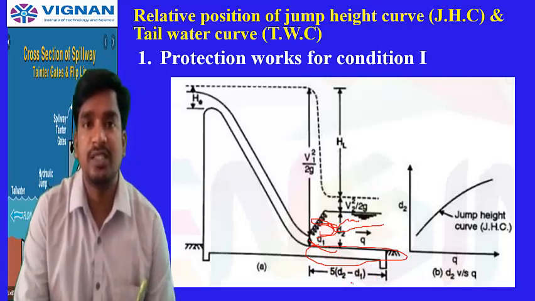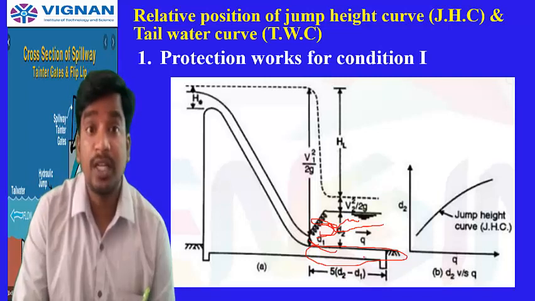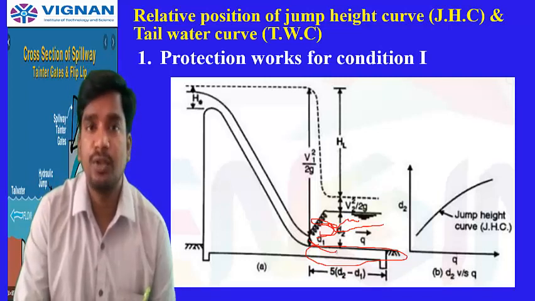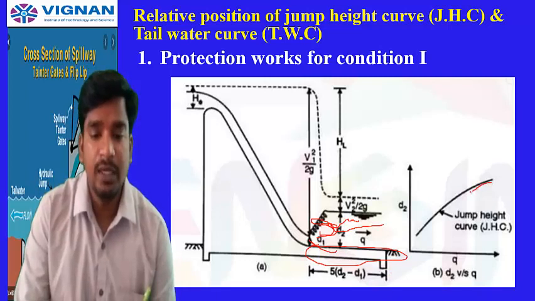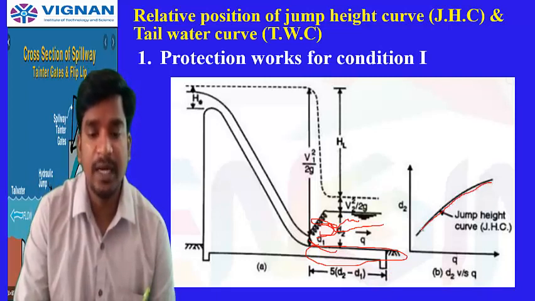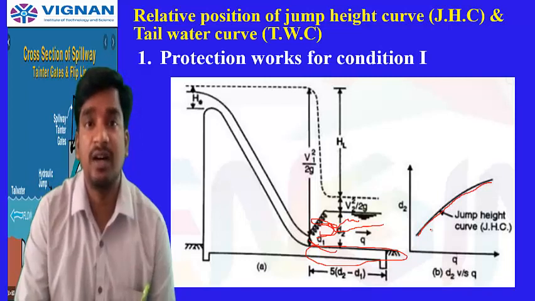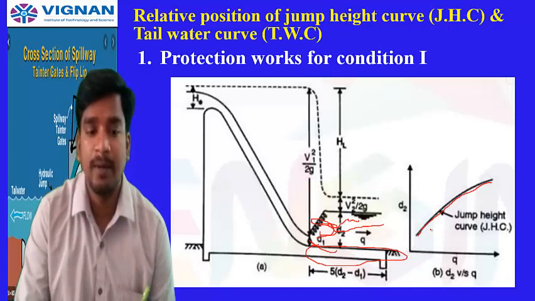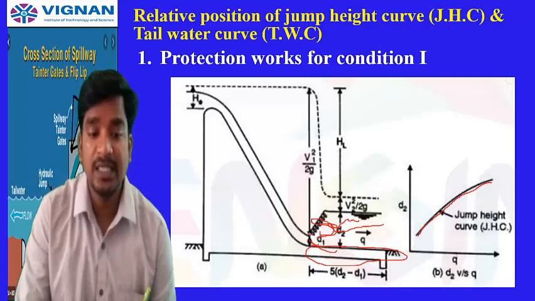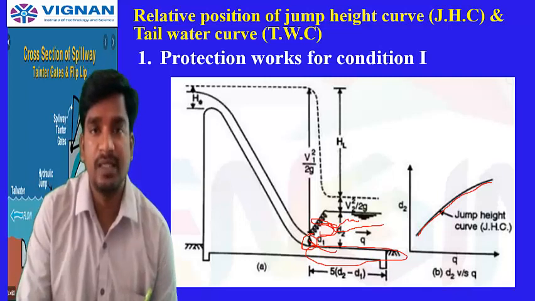This much area we need to protect under this condition. What is that condition? If both the curves, the jump height curve and the tailwater curve, are coinciding with each other, whenever the jump starts forming near the toe.